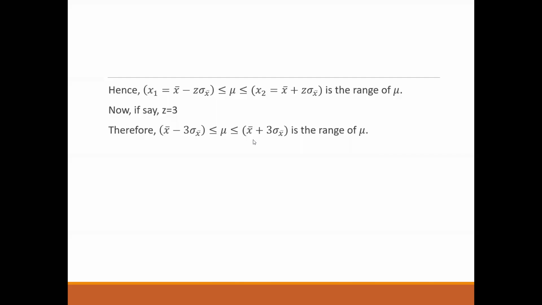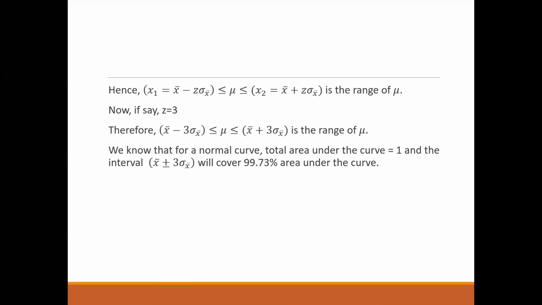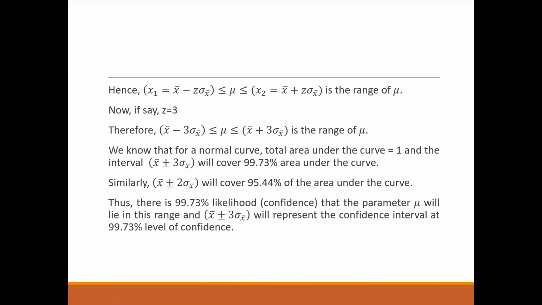And similarly, if I change this value, say to a confidence level of 95%, for 2 sigma it is 95.44% under the curve. These percentages we have already seen before.